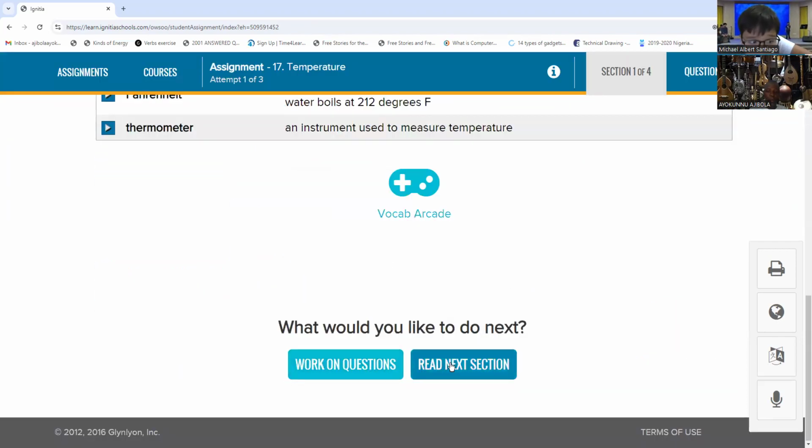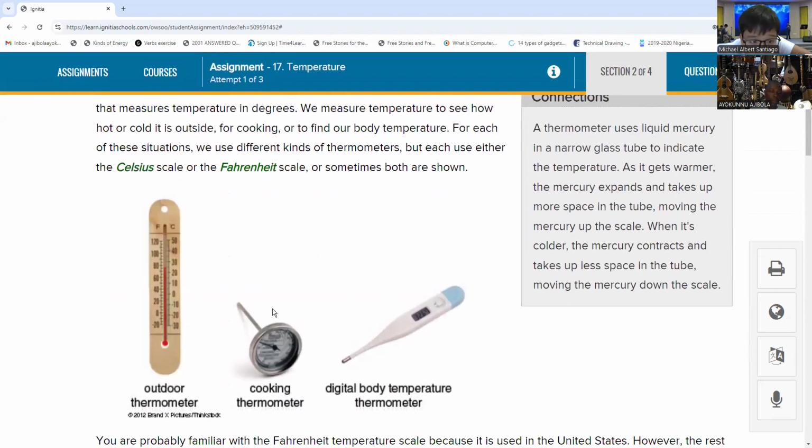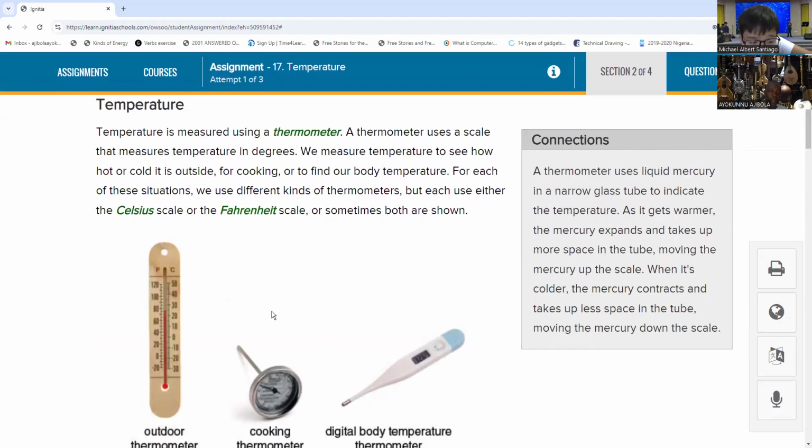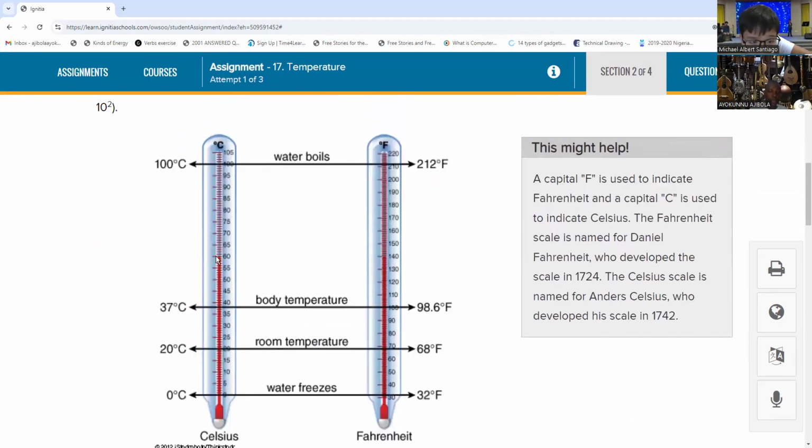Yes. Then we also looked at the other section where we looked at different kinds of thermometers: body temperature thermometer, cooking thermometer, and outdoor thermometer. We also looked at the conversion between the two units, okay? Like Celsius and Fahrenheit.